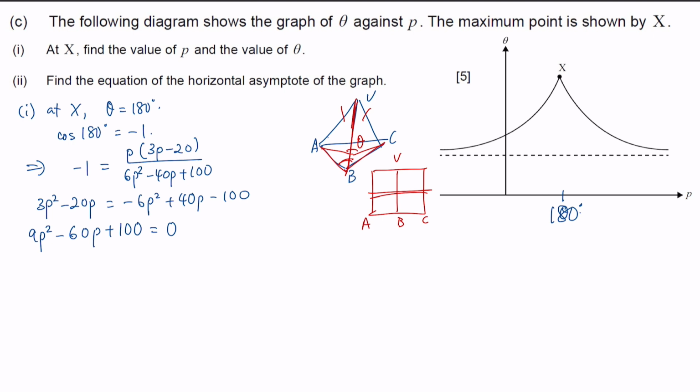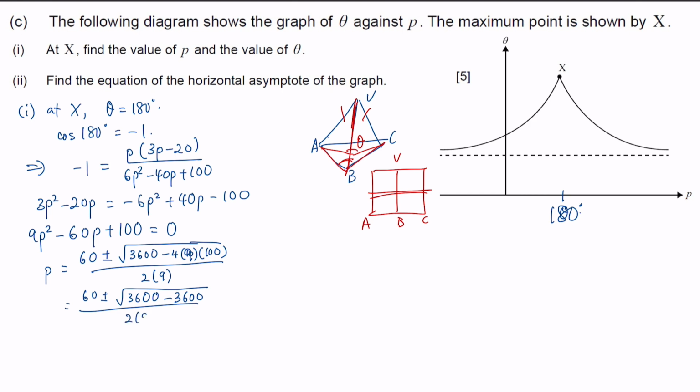Let's solve this now. I guess I can use the quadratic formula. P equals 60 plus or minus the root of B squared, 3600, minus 4AC, 4 times 9 times 100, which is 3600 again, over 2 times 9.